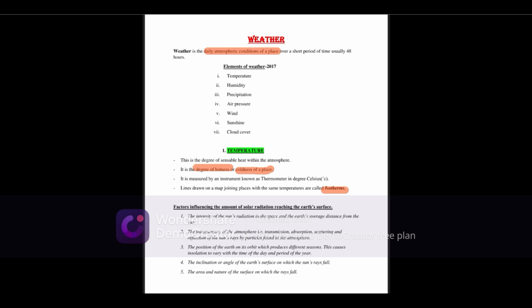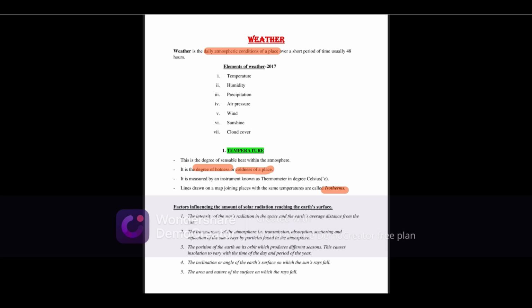So we are now going to look at some of the factors that influence the amount of solar radiation reaching the Earth's surface. Number one is the intensity of the sun's radiation in space, and the Earth's average distance from the sun.